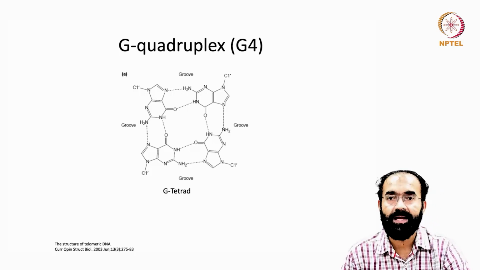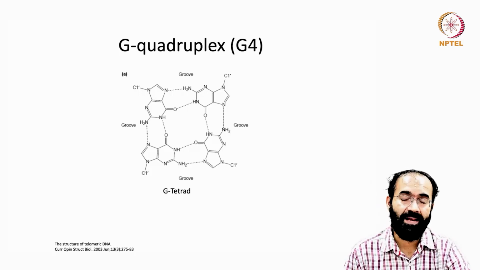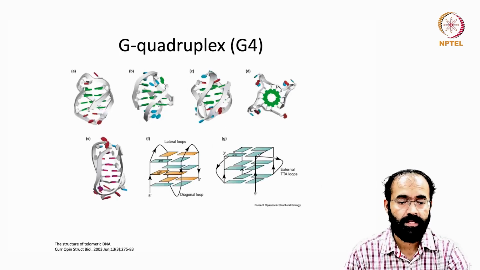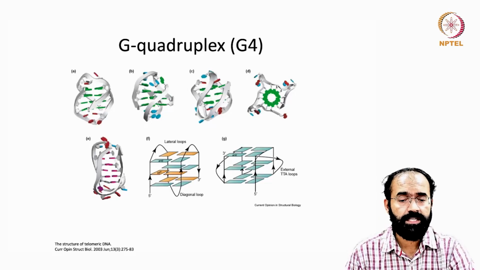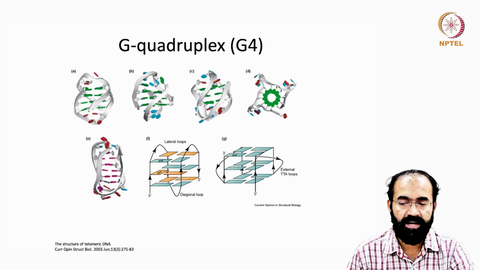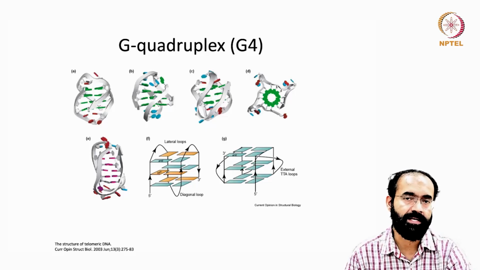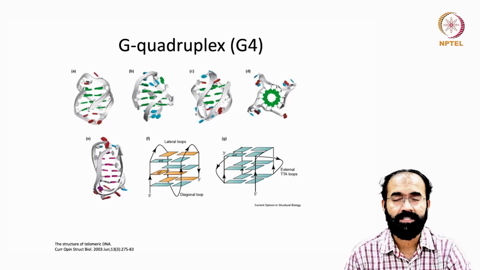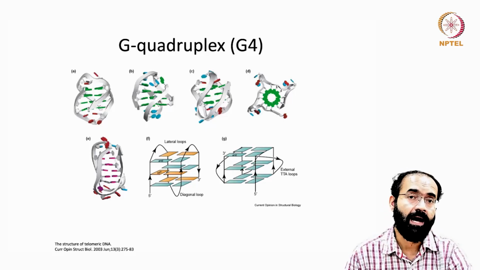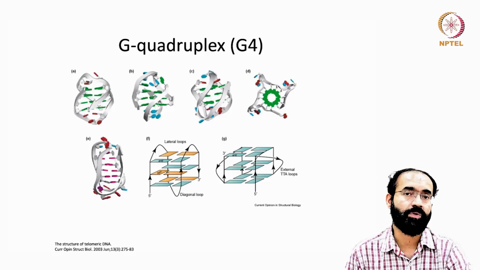The proteins that bind the G4 stabilize the structure of the telomere. The G quadruplex, G4, has different forms of maturation, and it folds in a unique manner such that the telomeric cap is very stable, and it will never allow any exonuclease enzyme to come and act.